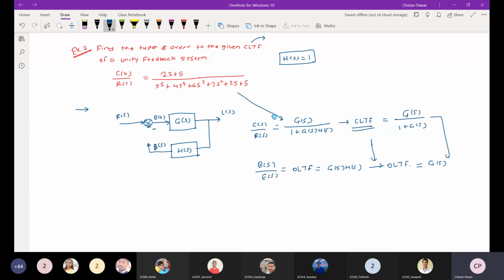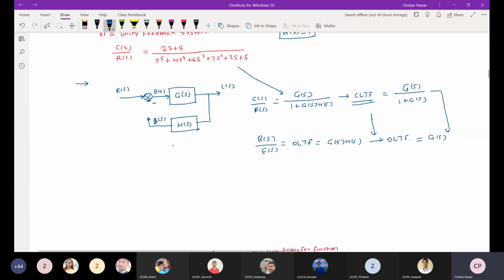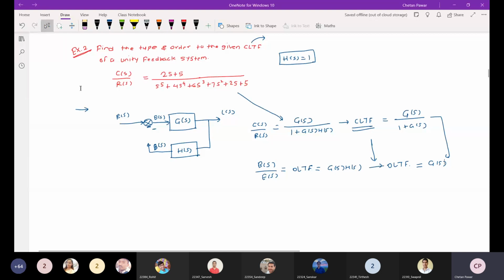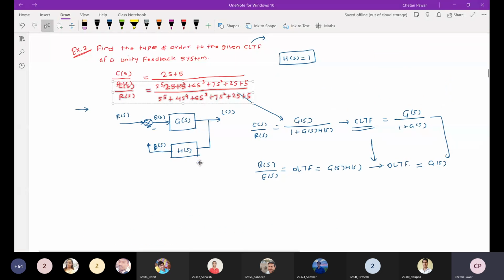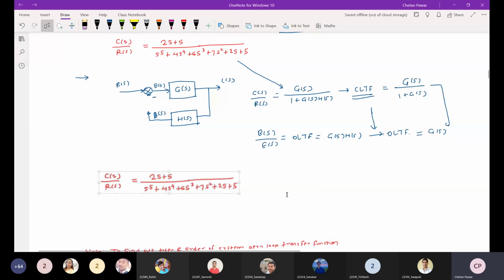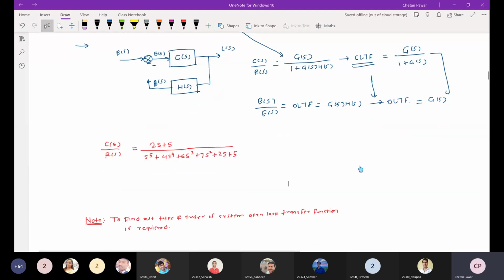Here I will just take this equation. Here you can see, now this is of a form G upon 1 plus G, right? Because H of S is 1.